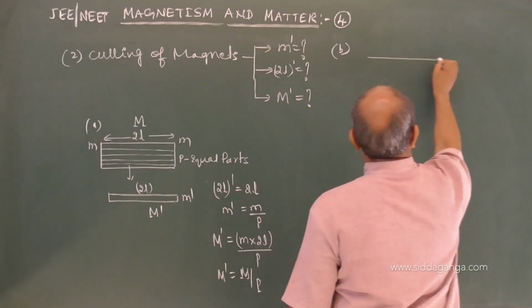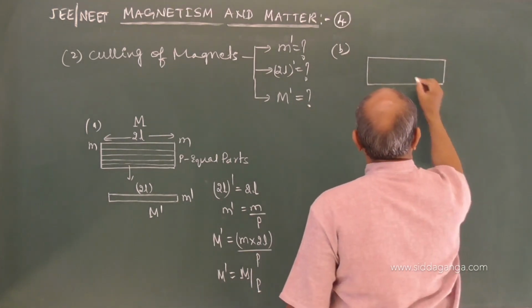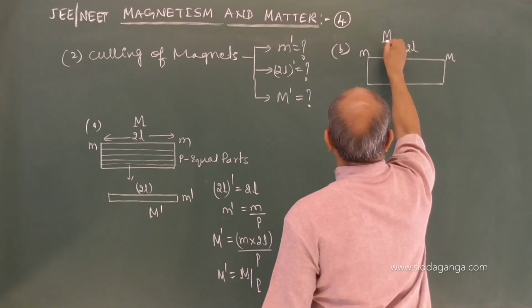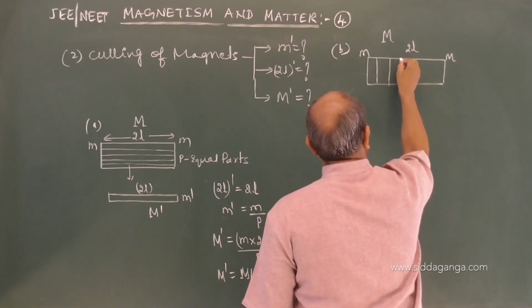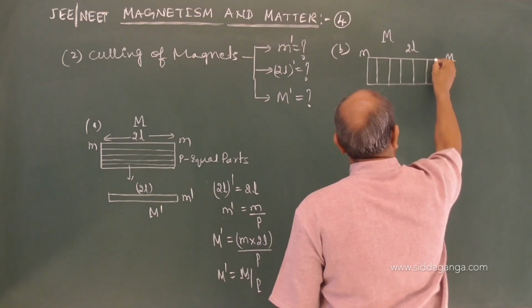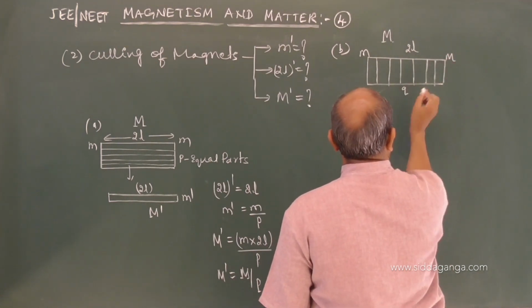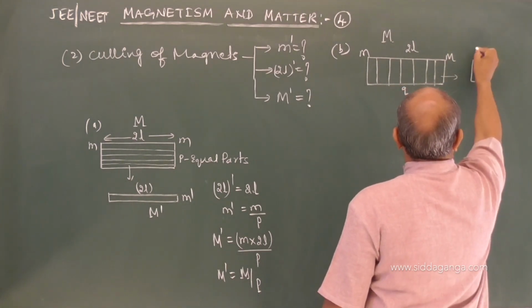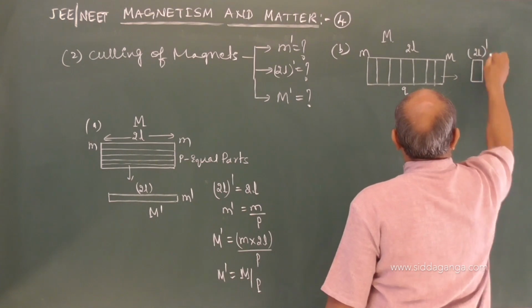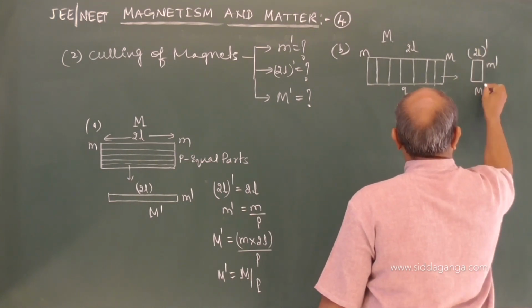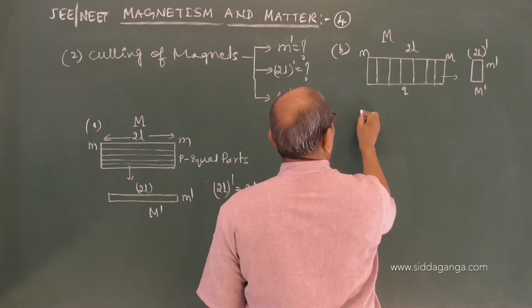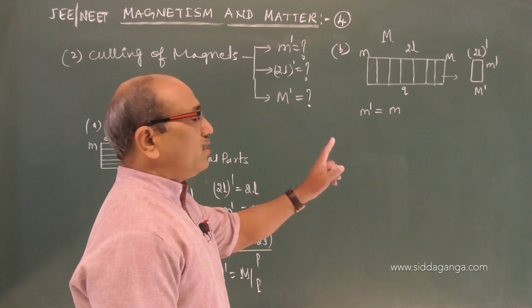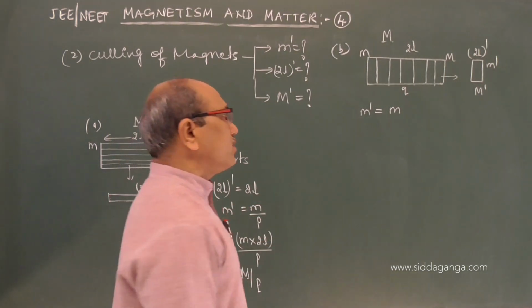The second: let us come to the same bar magnet of length 2L, pole strength M and magnetic moment M, cut into Q equal parts perpendicular to the axis. What is the moment of each part now? Now 2L dash, M dash and the new moment. If you take pole strength, the area of cross section is not changed, therefore the pole strength remains the same in this case.